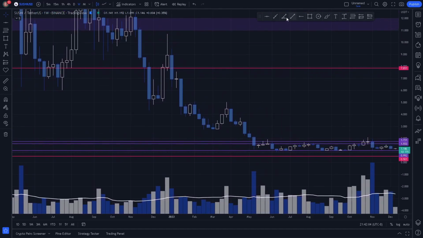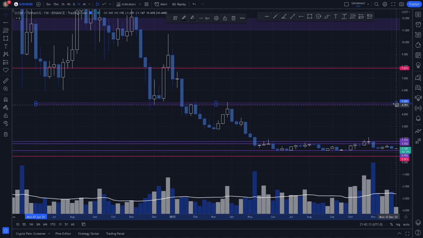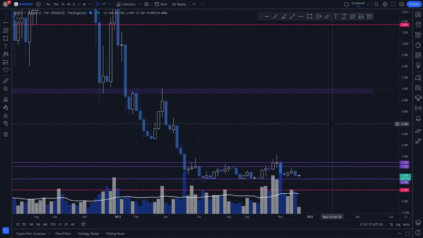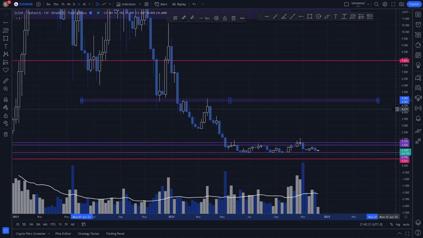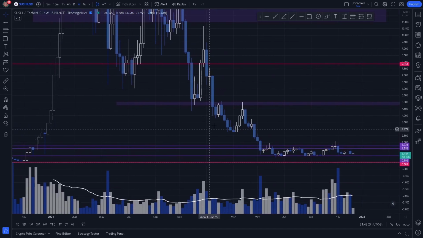Now, we can also plot a key level right here, right around 5 and 4.7, as we see multiple reactions acting as support and resistance.